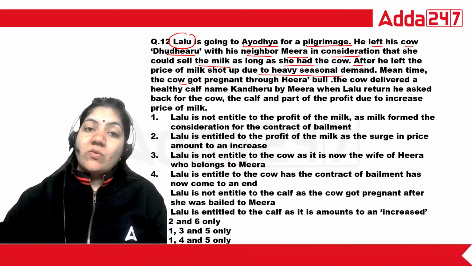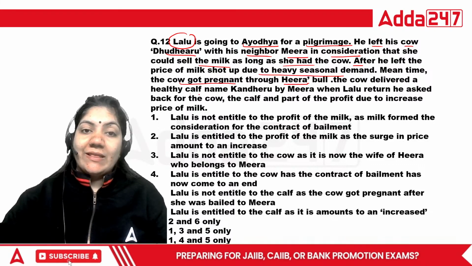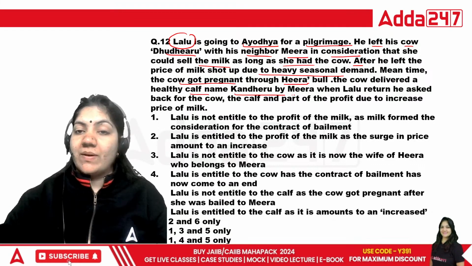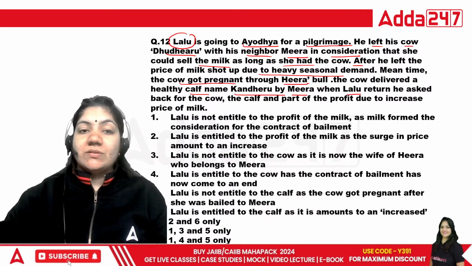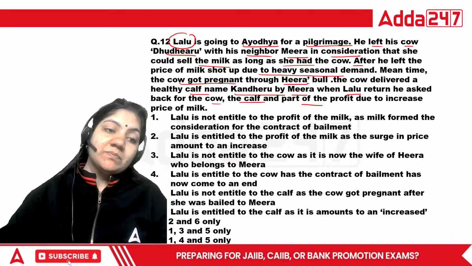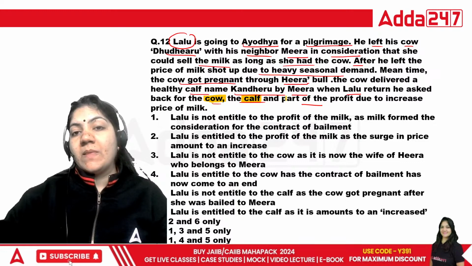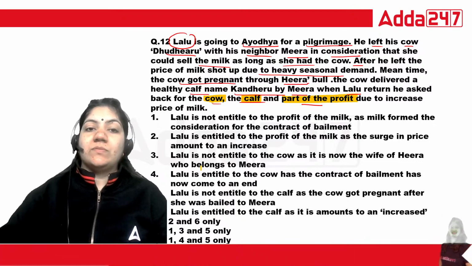Meantime, the cow got pregnant through the Hira bull. The cow delivered a healthy calf named Kandheru with Meera. When Lalu returned, he asked back the calf and the profit also. It means cow, calf, and part of the profit also.